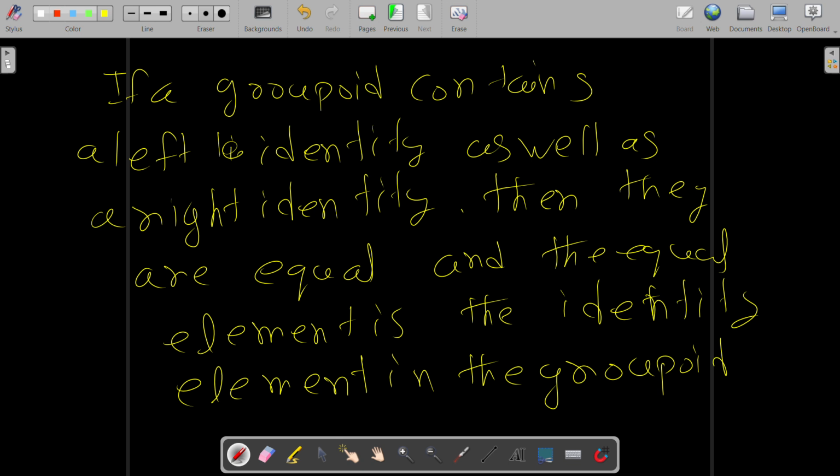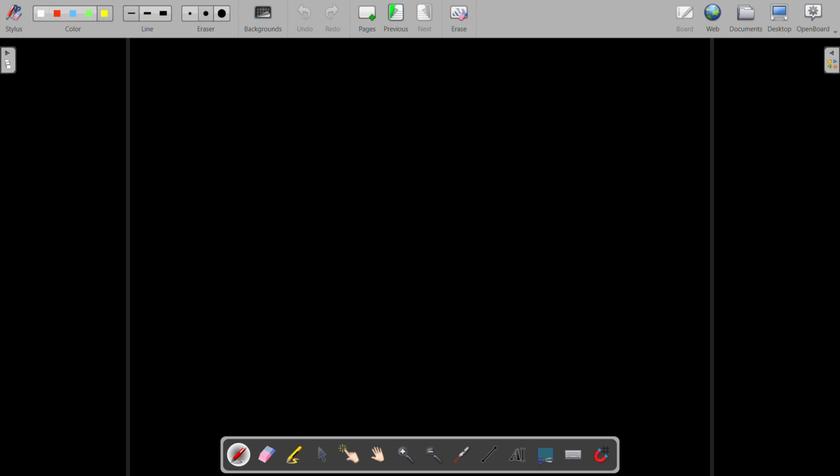Later we will learn what a group is; it will also show the same property.